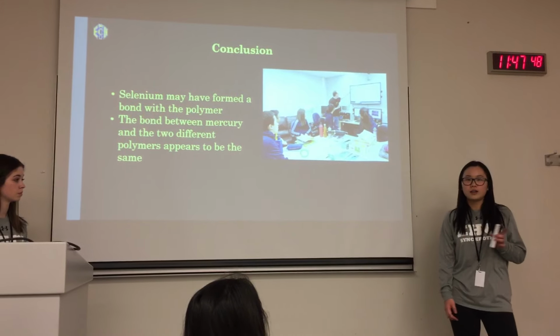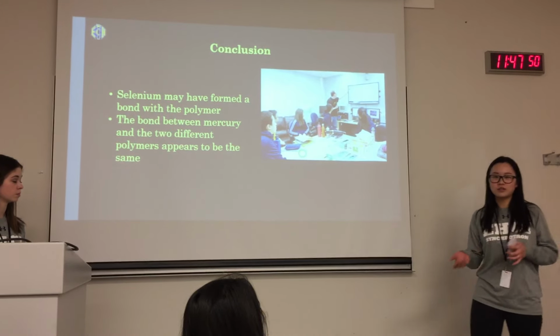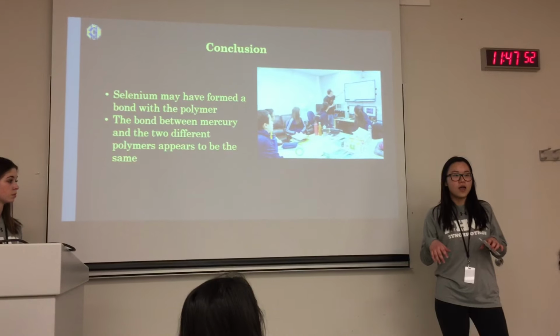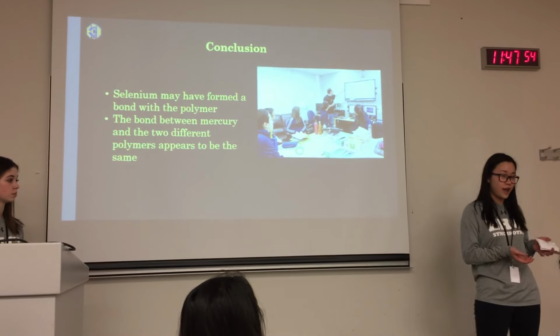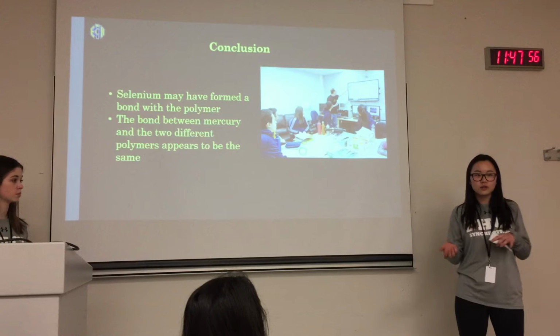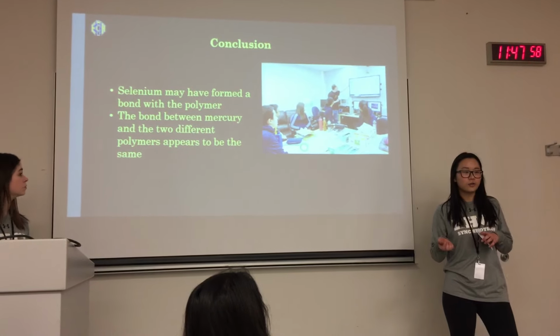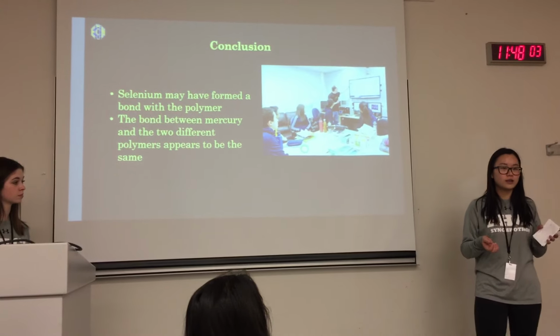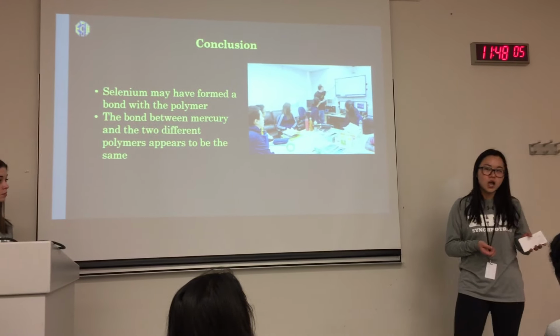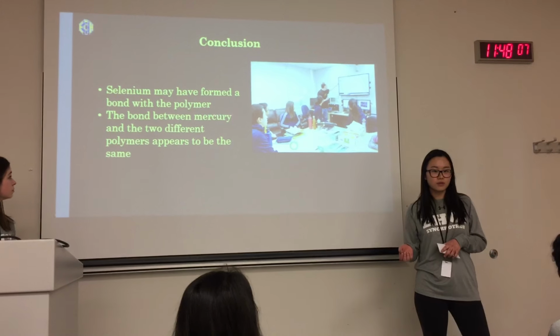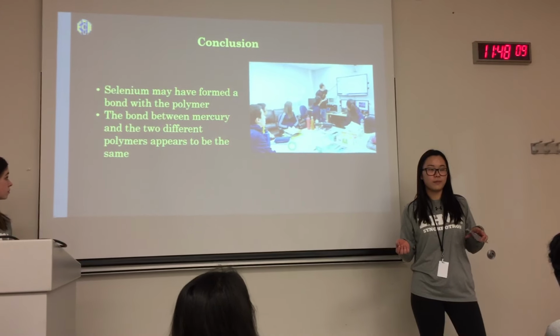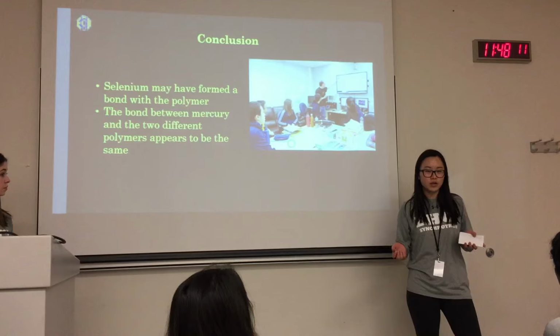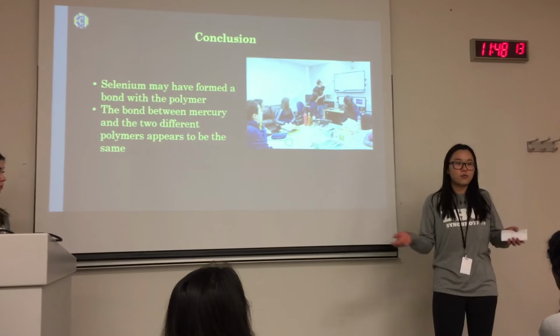Even though we don't know what the reaction yields, what we do know is there has been a reaction, which leads to the conclusion that it could be used as a future method to extract mercury and selenium from the environment, solving the current pollution problems caused by uranium mining in Saskatchewan, Canada, or even in the world.